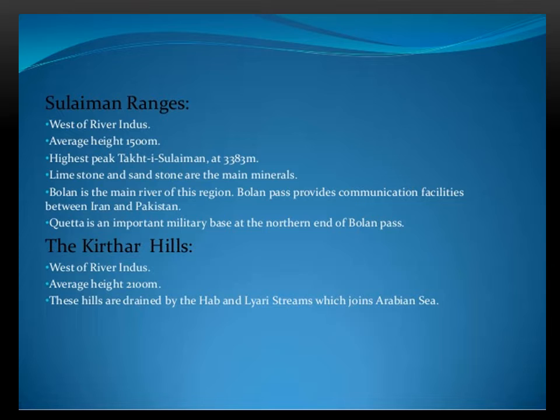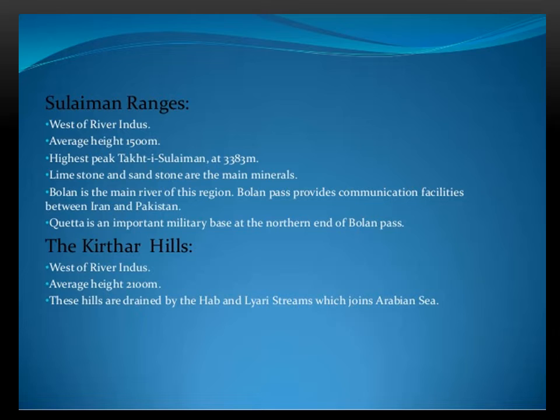At the southern end of the Suleiman mountain, the Bugti and the Marri hills run from the southeast to the northwest. The Bolan is the main river of this region. The Bolan River passes through the Bolan Pass, which provides communication facilities between Iran and Pakistan. Quetta is an important base at the northern end of Bolan Pass.